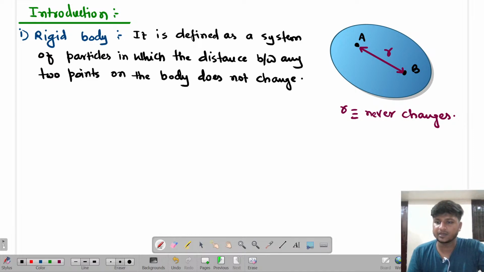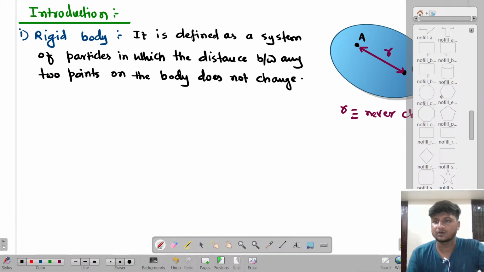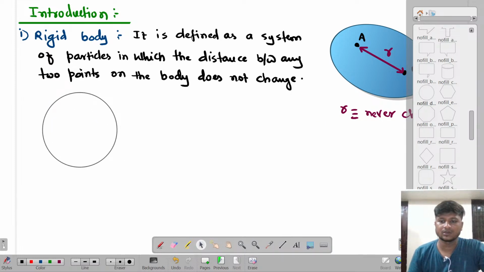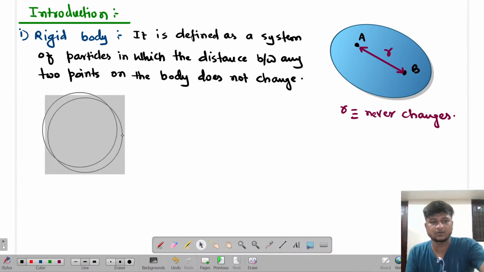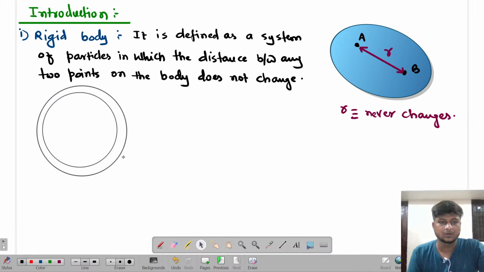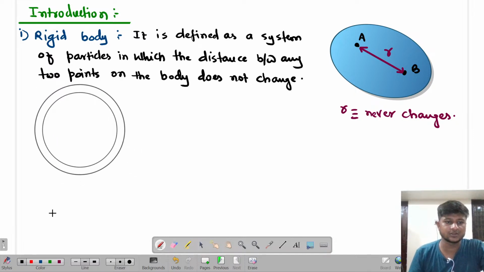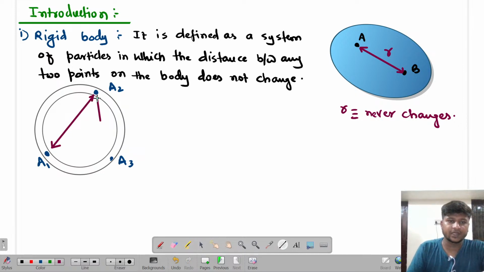Let's suppose I take a ring. If I select any two points on this ring, let's suppose I selected point A1, point A2, and point A3. The distance between A1 and A2, or between A2 and A3, or between A1 and A3 will never ever change.